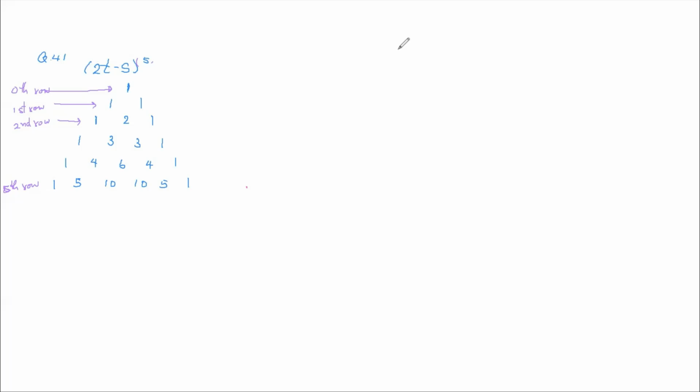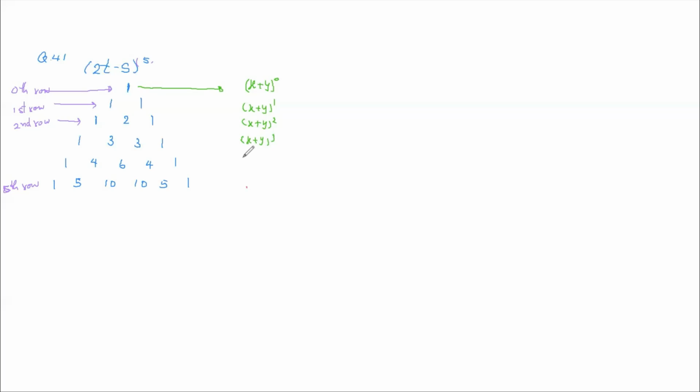Now we go back to refer to the variables x and y. This is the 0 row, which means we have x plus y to the power 0, because anything to the power 0 is equal to 1. The first row is x plus y to the power 1, the second row is power 2, the third row is power 3, and so on.